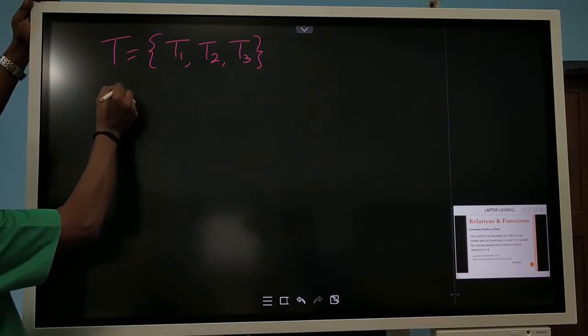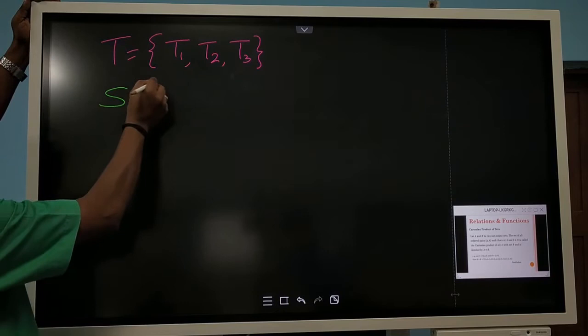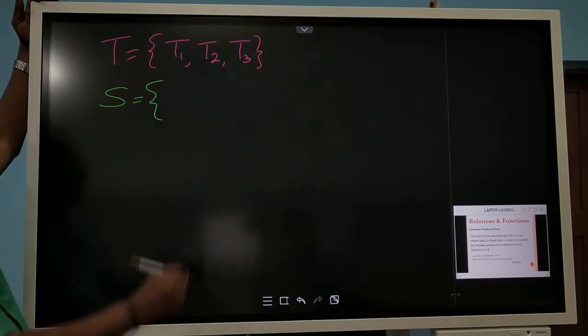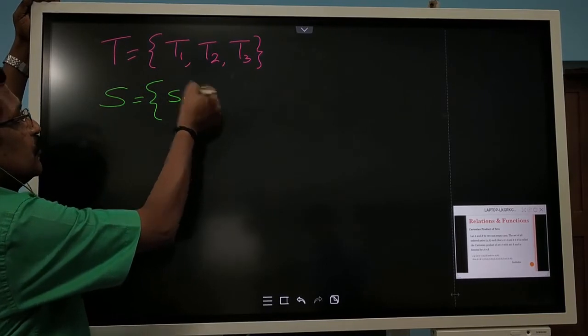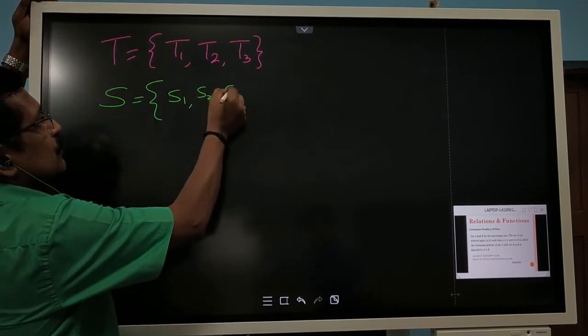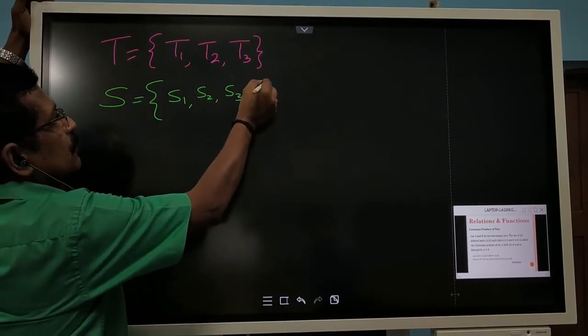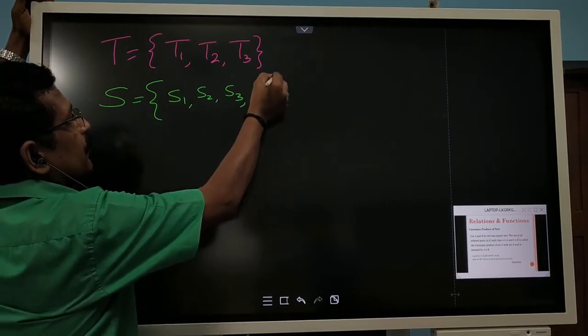I am taking the student set S is equal to student 1, student 2, student 3, student 4.